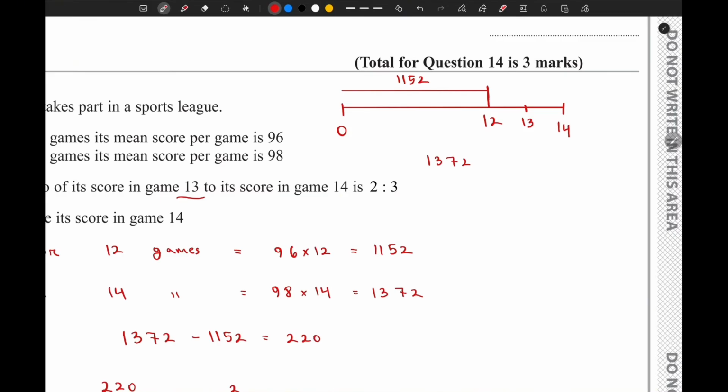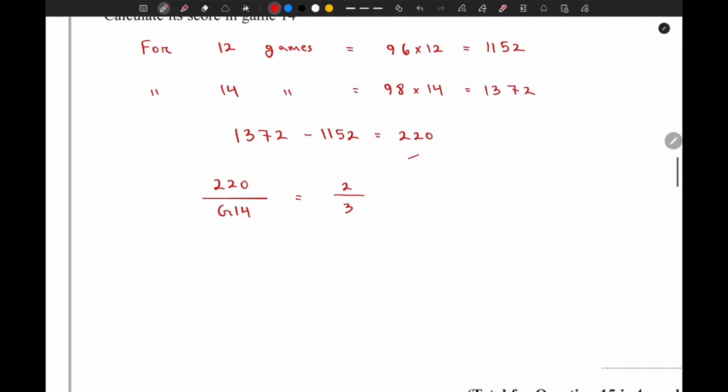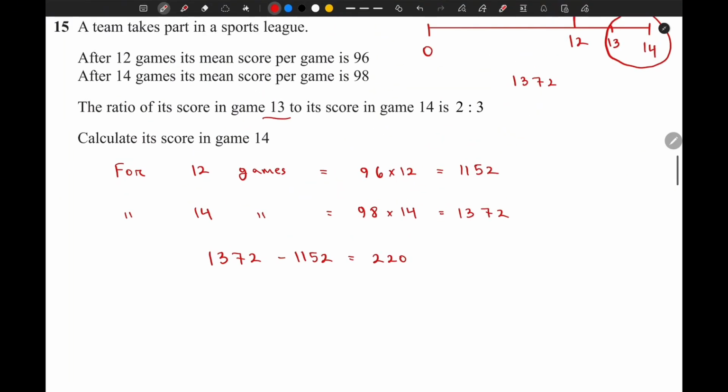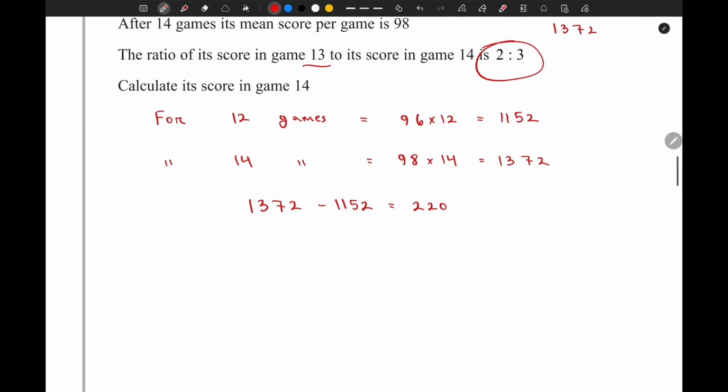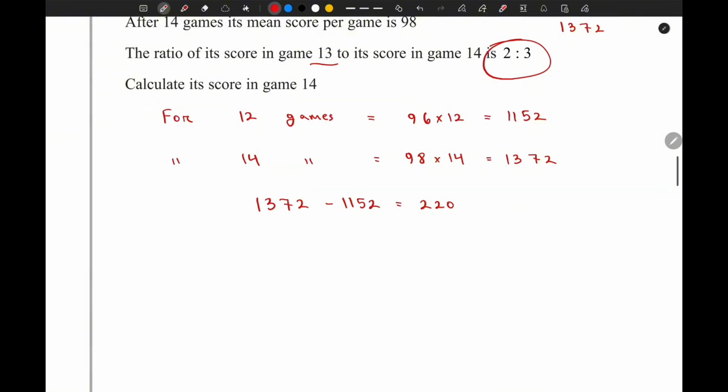So if I subtract 1152 from 1372, I will get the scores for game 13 and game 14. So this 220 we have found is the total score of game 13 and game 14. Since they have given us a ratio, we just need to find out the value of the score in game 14.